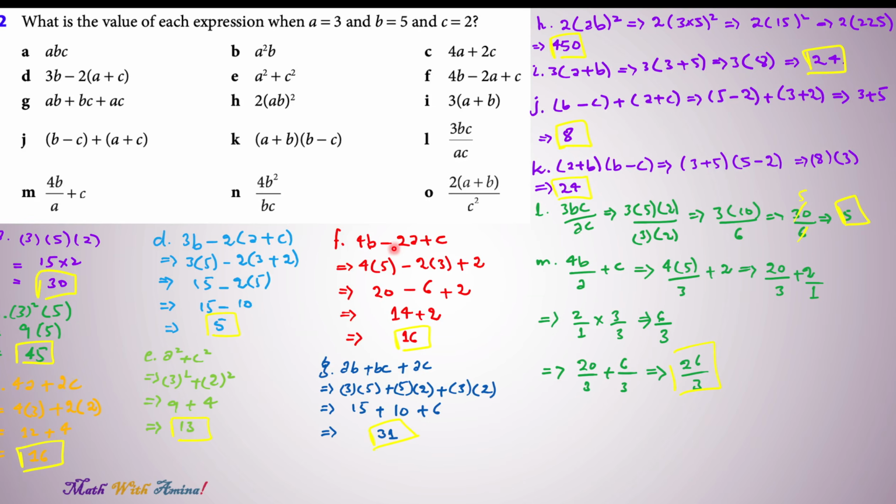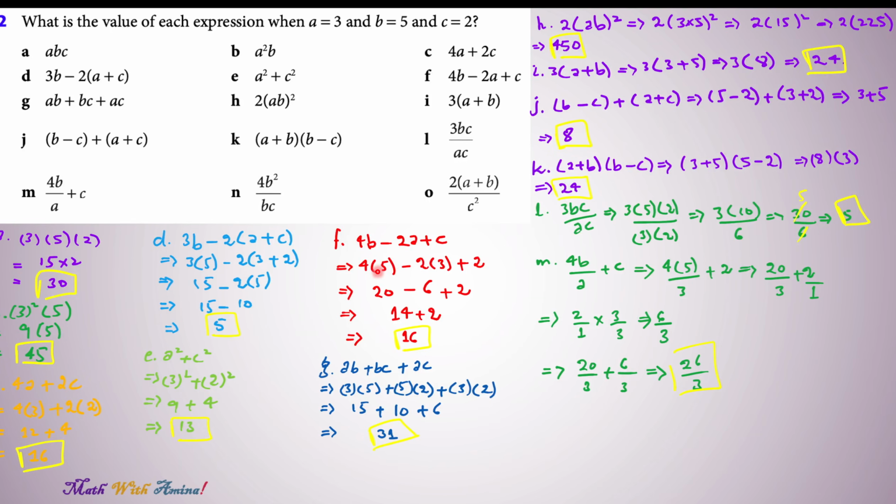Next we have 4b minus 2a plus c. Replacing the variables with their values: 4 multiplied by 5 minus 2 multiplied by 3 plus 2. 4 multiplied by 5 is equal to 20. Minus will remain the same. 2 multiplied by 3 is equal to 6, plus 2.